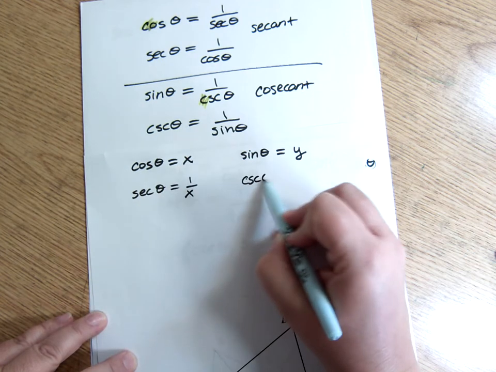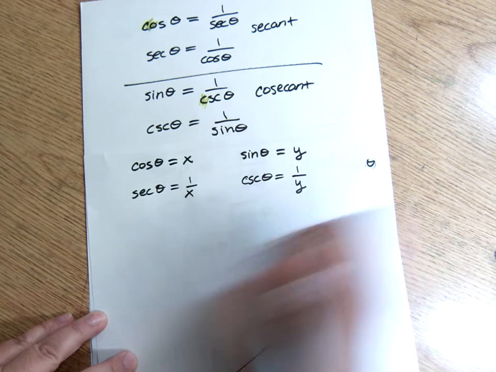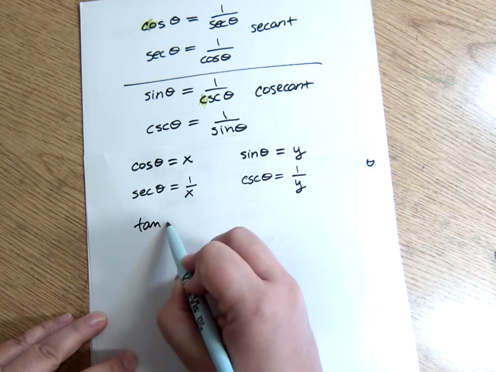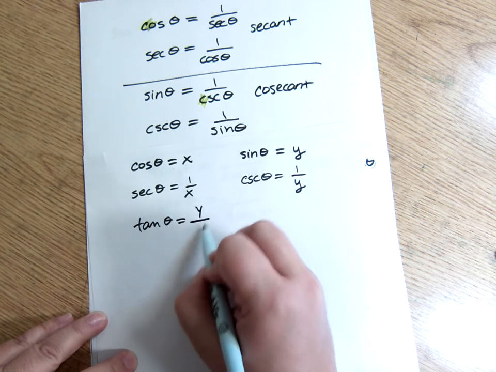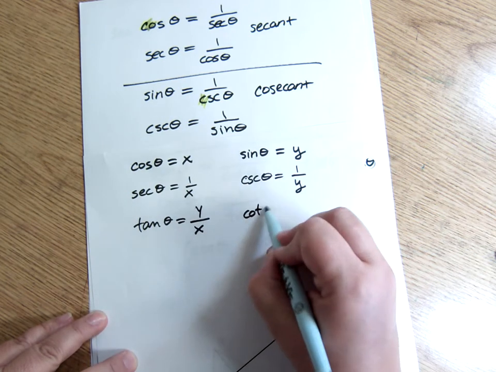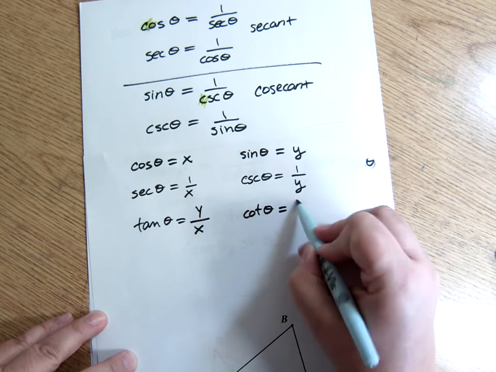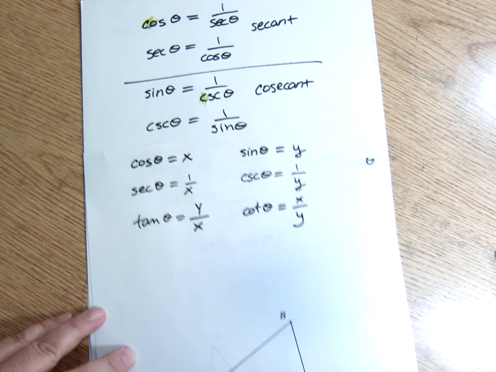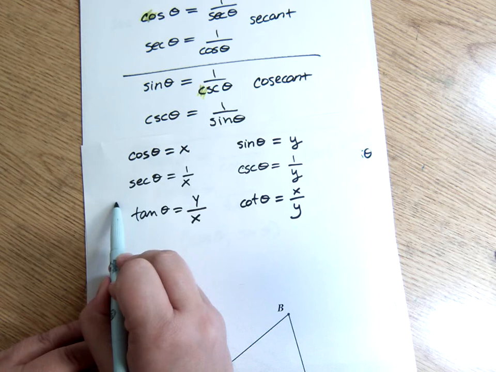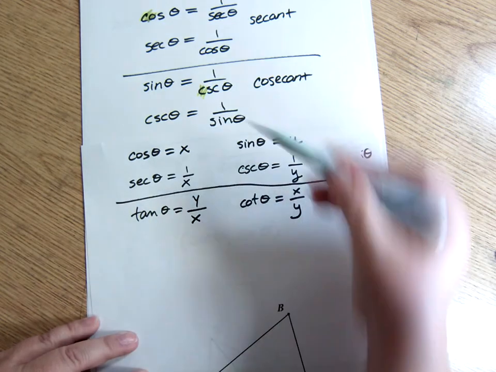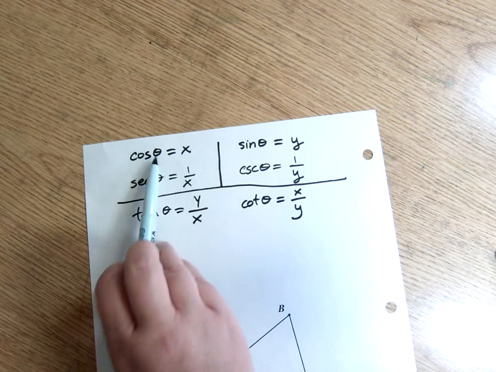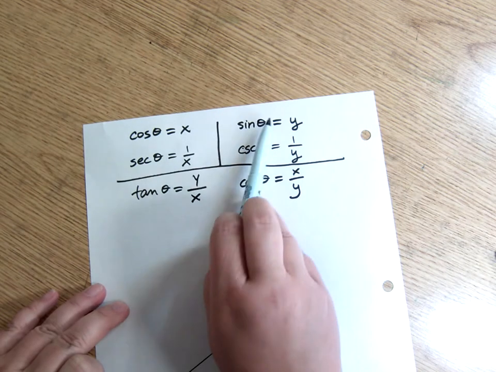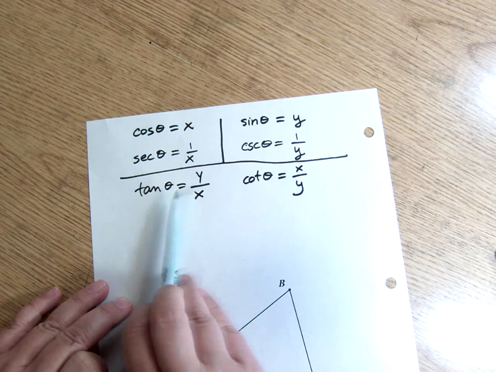The cosecant is 1 over y. The tan, since it's sine on top of cosine, is y over x. And the cotan is x over y. And I kind of wrote these funny so that the ones that go together work like this. So these two are reciprocal functions, these two are reciprocal functions, and these two are reciprocal functions.